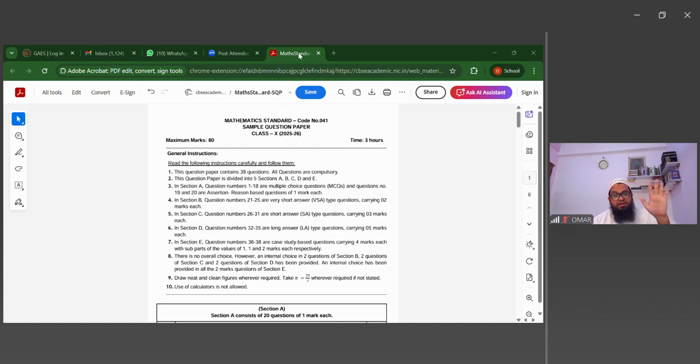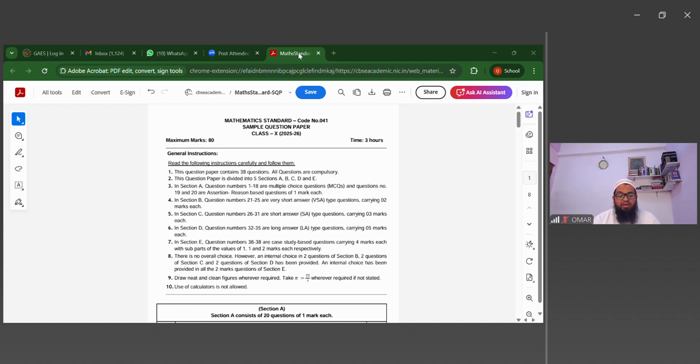Now the second one, the question paper is divided into 5 sections: A, B, C, D, E. Last year also we had five sections, and in section A, question numbers 1 to 18 are multiple choice questions, MCQs, and 19 and 20 are assertion and reasoning. No change. Good. Section B, there are 21 to 25, that means 5 questions, each carrying 2 marks. Last year also the same.